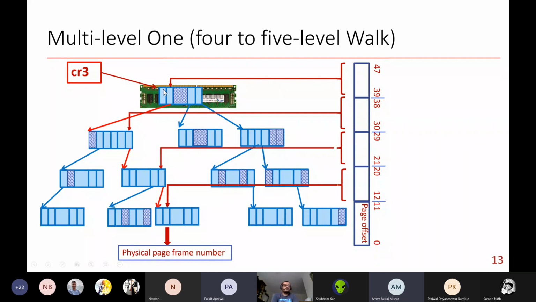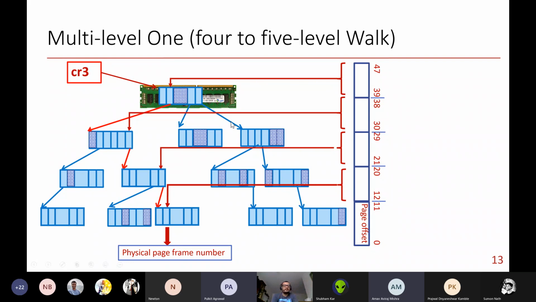So you start with the root of the page table, extract the upper 9 bits, and then go to memory, right? The memory will provide you the root for the next level of the page table. Again, you go there, extract the 9 bits, go to a particular offset within that level, and again, all of these are memory accesses.